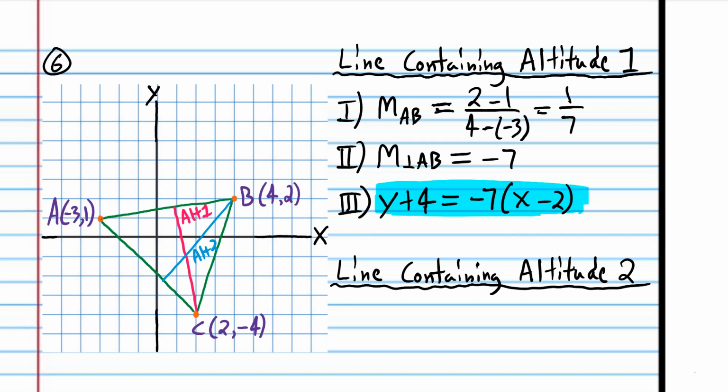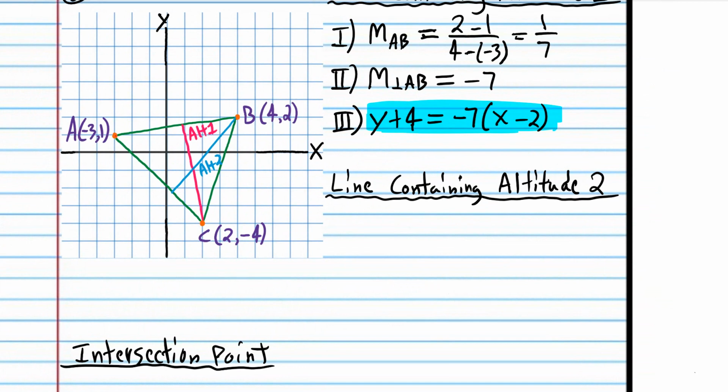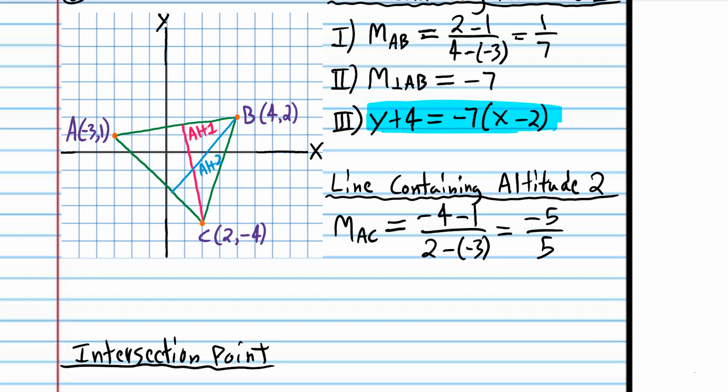So now we're going to do the same thing with altitude 2, but we're going to consider AC to be the base, so we have to find the slope of AC. Considering C to be the second point, we have negative 4 minus 1 over 2 minus negative 3. And we have negative 5 over 5, which is negative 1.